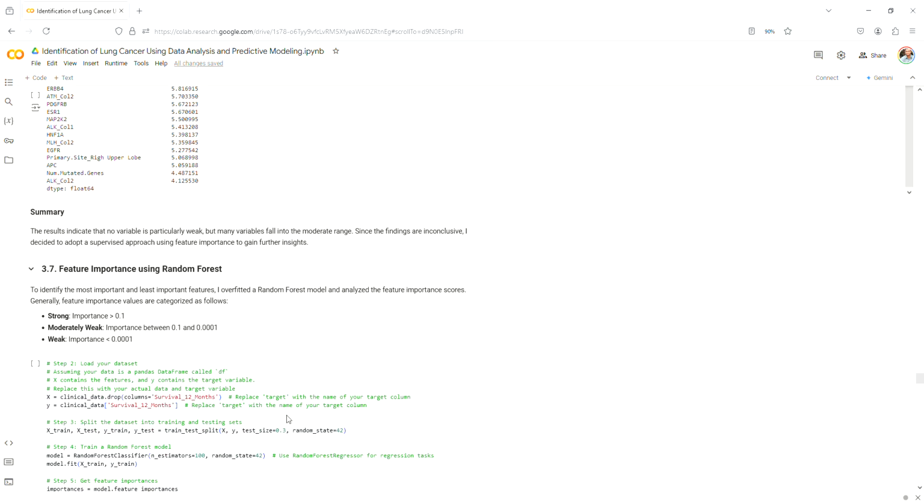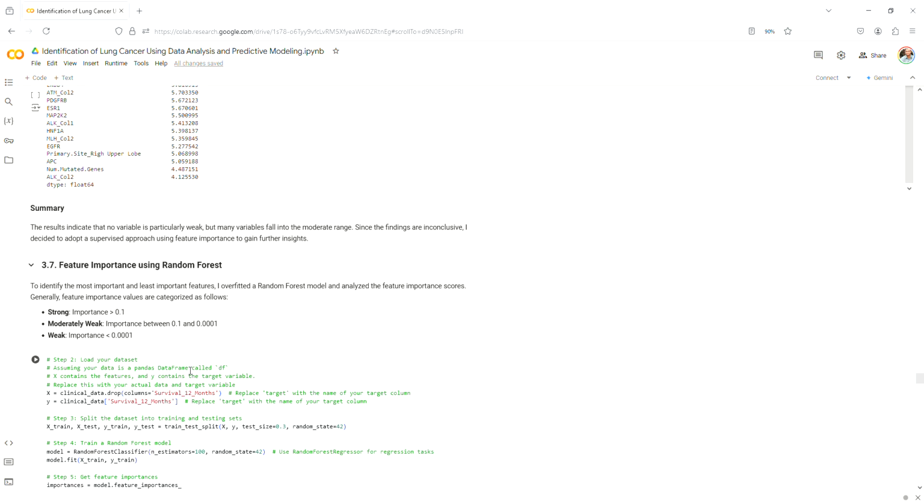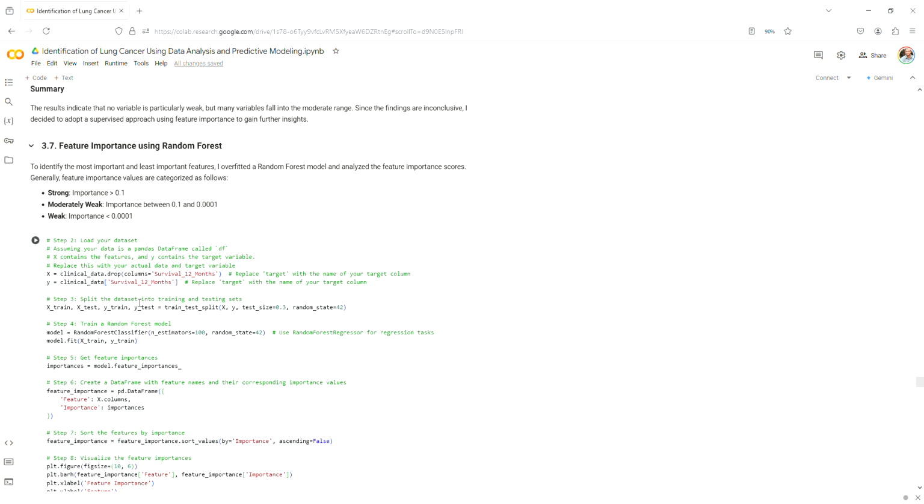Then I thought let's check how important these features are for the classification, and the most suitable method for that is feature importance. So I used random forest and evaluated the feature importance of these existing features. If importance is above 0.1, I considered them very strong, moderately weak if 0.1 to 0.0001, and if below 0.001 they are very weak.